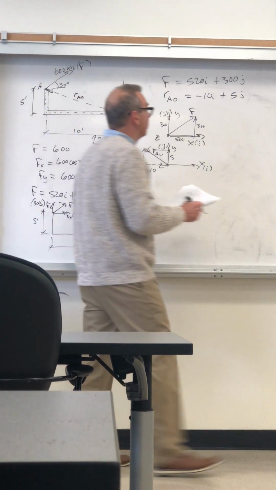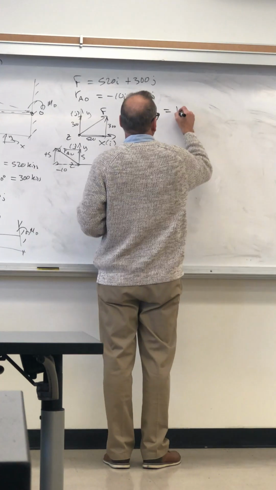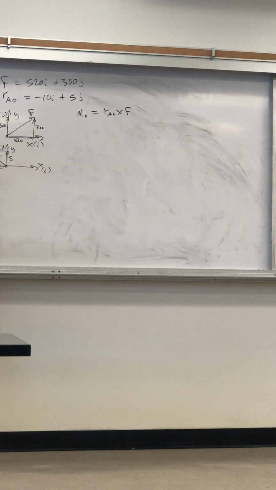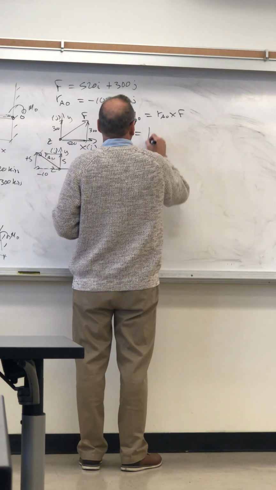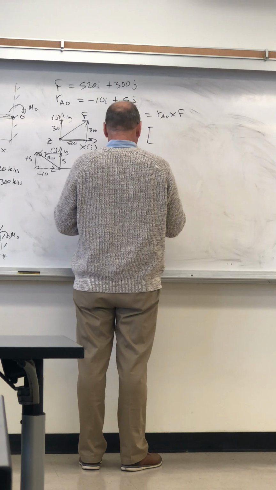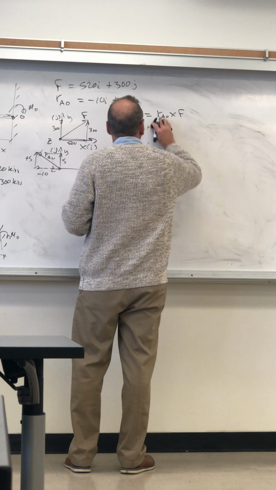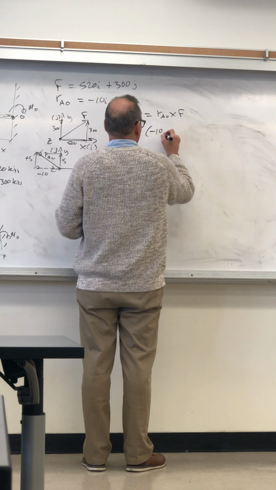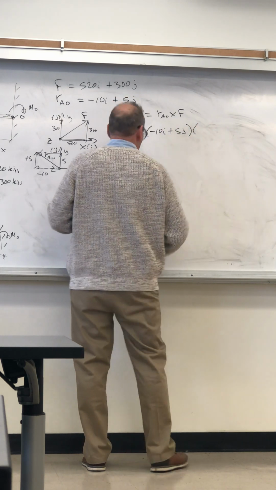Okay, so we have M sub O is R sub AO cross F. So we're just going to do the cross product directly and see what comes out. So this equals minus 10I plus 5J cross product.